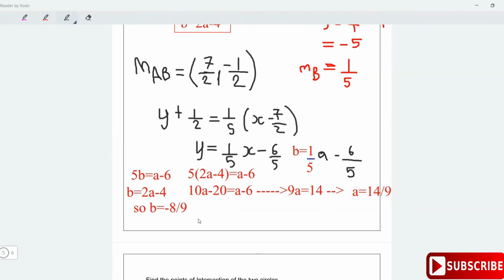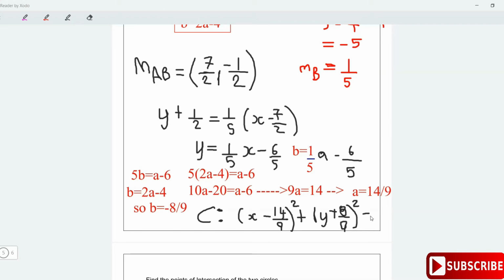The circle C, the equation of the circle is given by x minus a, so it's x minus 14 over 9 squared, plus y minus the y value at the center, which is now y plus 8 over 9, squared, and that is equal to r squared.